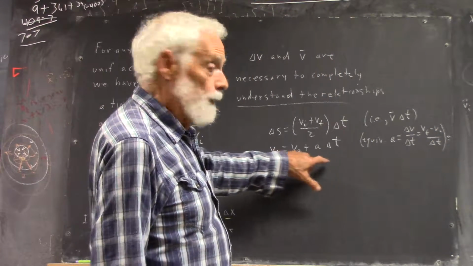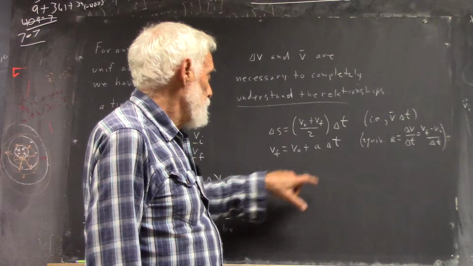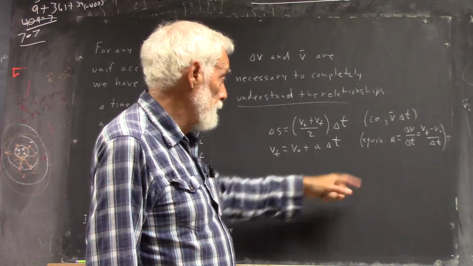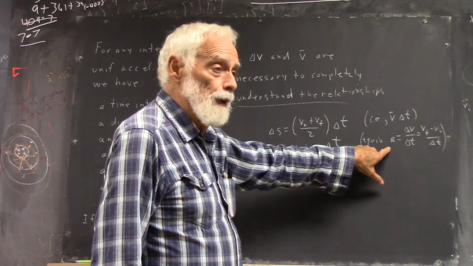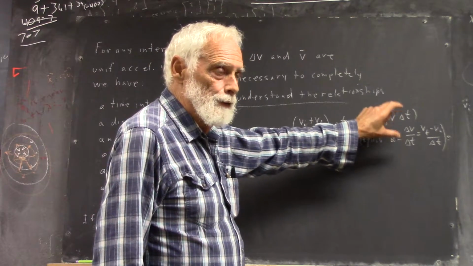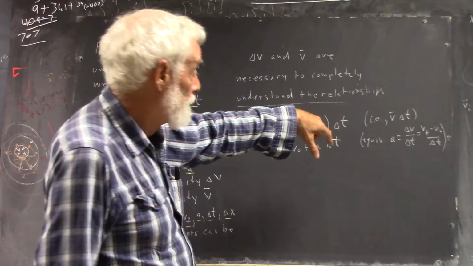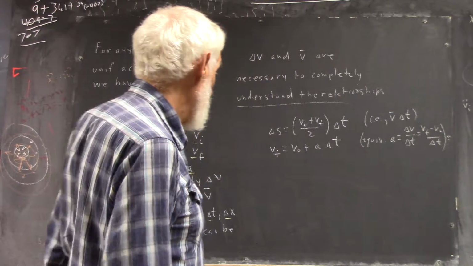Okay, this one just says you multiply your acceleration by delta t, and it tells you how much the velocity changes. It's equivalent to the definition of acceleration as the rate of change of velocity with respect to time. In a way, it's fairly obvious.